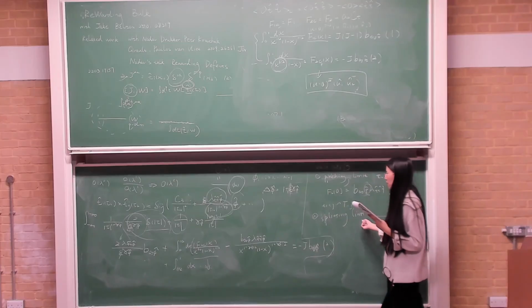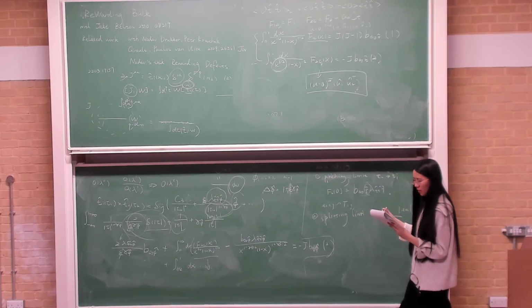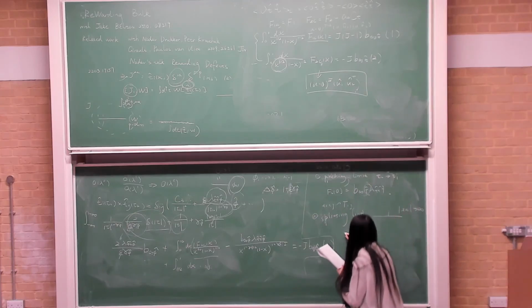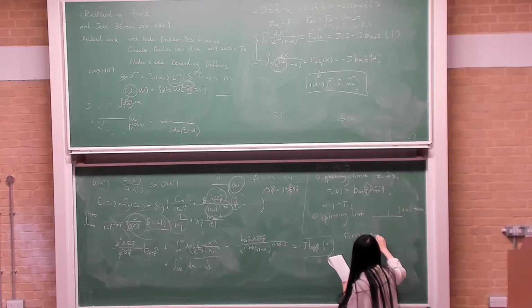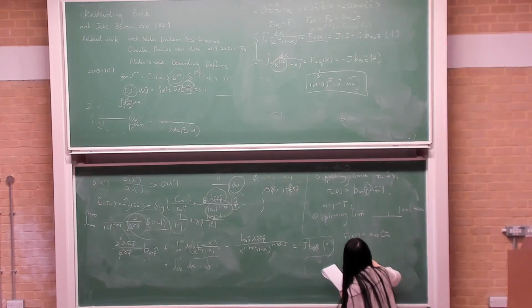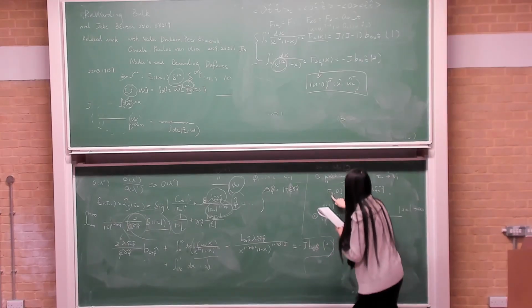In that case, the bulk operator can barely see the two tilt operators. So it gives me F10 equal to a OJ CT hat. This is 2. This is 1.